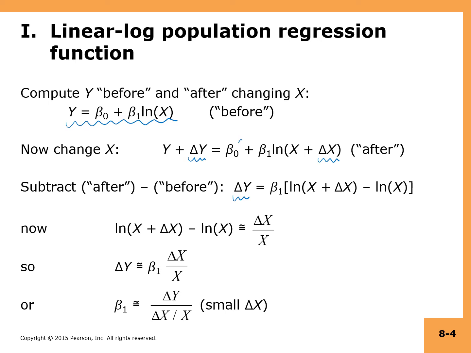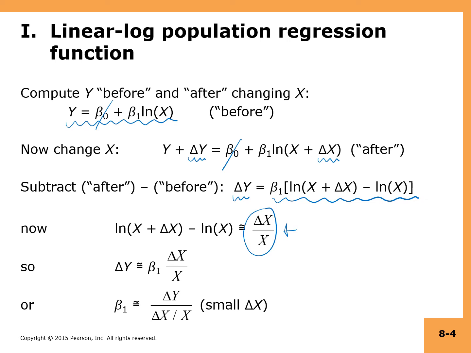And then beta 0 also cancels out, and you have beta 1 times log of x plus change in x minus log of x. We know from the previous math formula that this is equal to change in x over x.